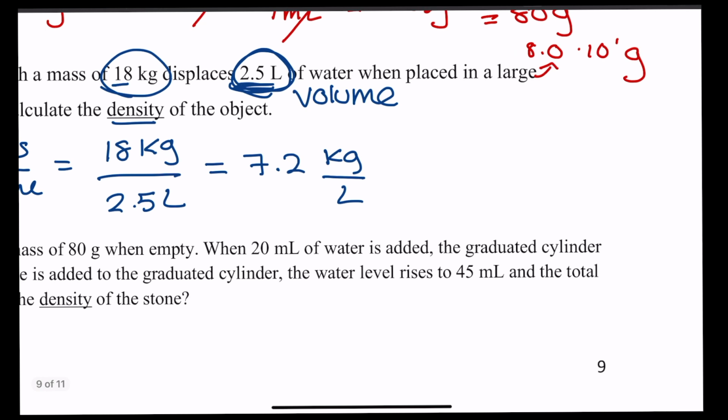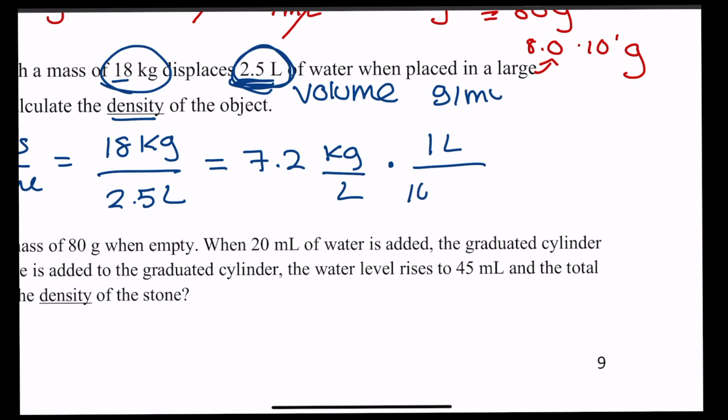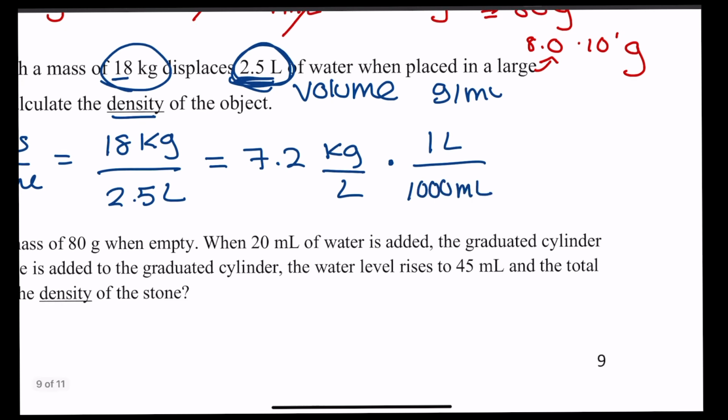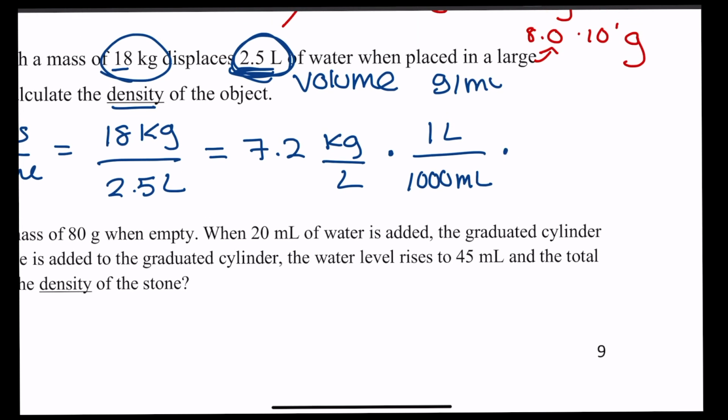Another challenge you can do is, depending on the professor, it might be asking to keep your units as grams over milliliters. To do that, I'm going to cancel out my liters by doing this, because I know 1 liter equals 1,000 milliliters. And now, in 1 gram, there's 1,000 kilograms. So I'm going to put kilograms on the bottom for 1 gram.